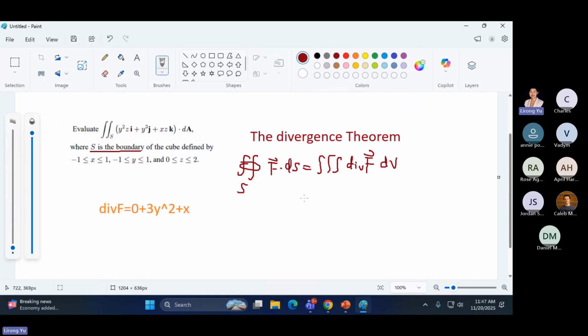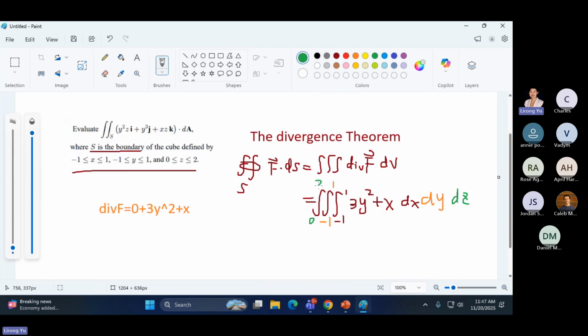So applying the divergence theorem, you're going to have a triple integral of 3y squared plus x. Now you look at the integration region. I would prefer to integrate dx, which means x is from -1 to 1, and then dy, y from -1 to 1, and then dz, z from 0 to 2.